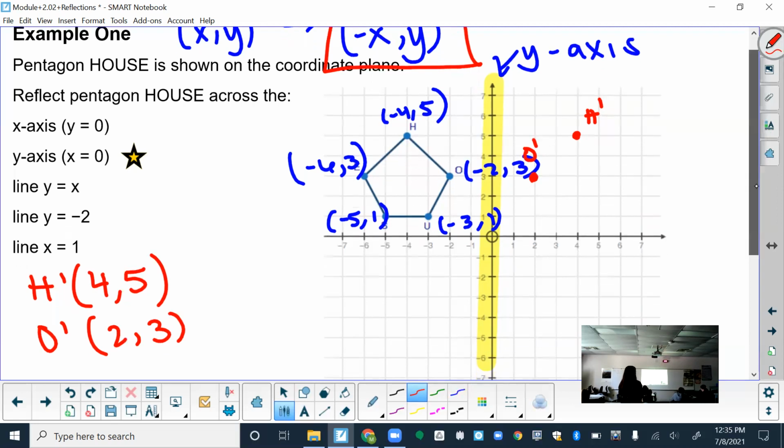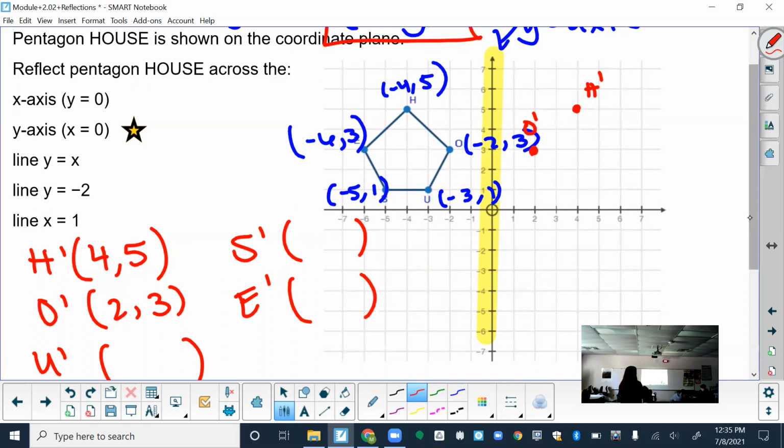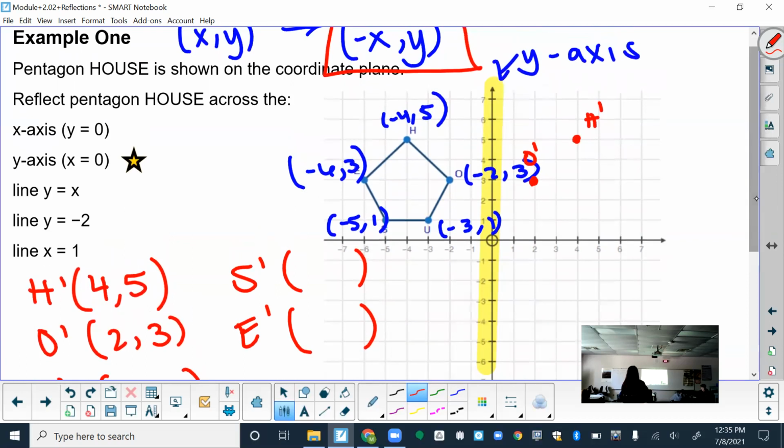On your own paper, real quick, find U prime, S prime, and E prime, using that same rule. Right, so -x comma y is our rule for over the y-axis.